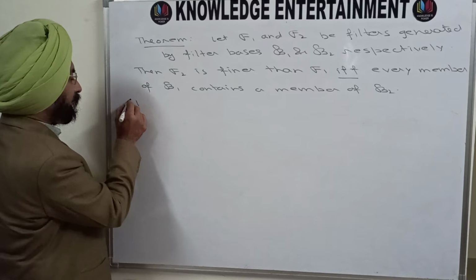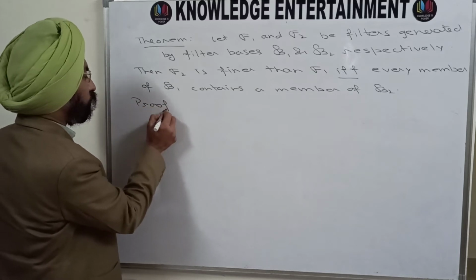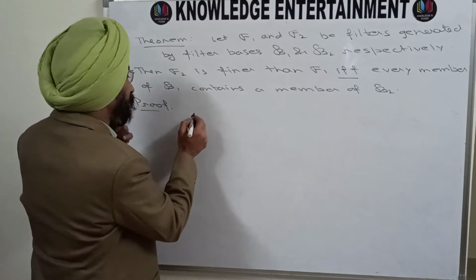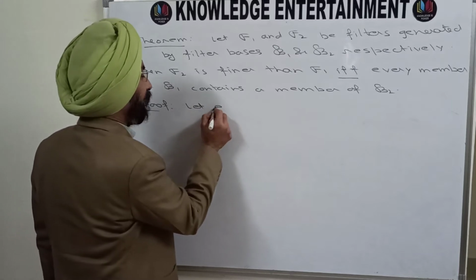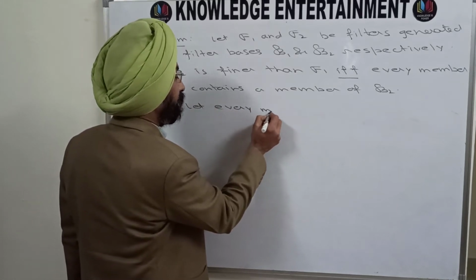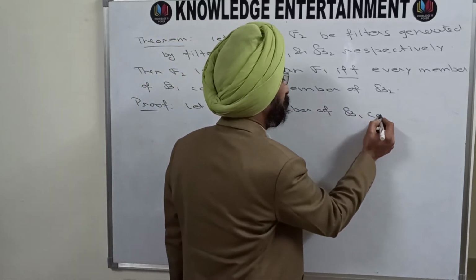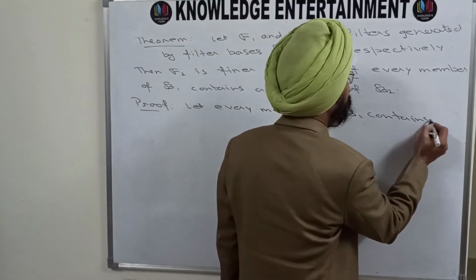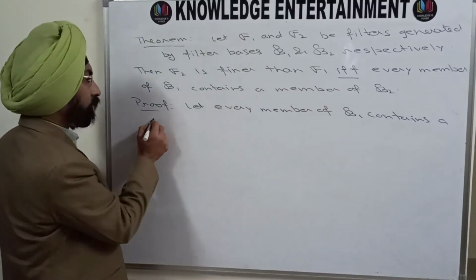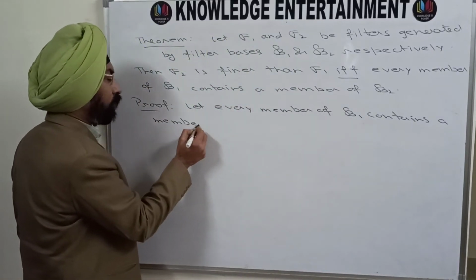So let us start with the direct part's proof. Let every member of B1 contain a member of B2.